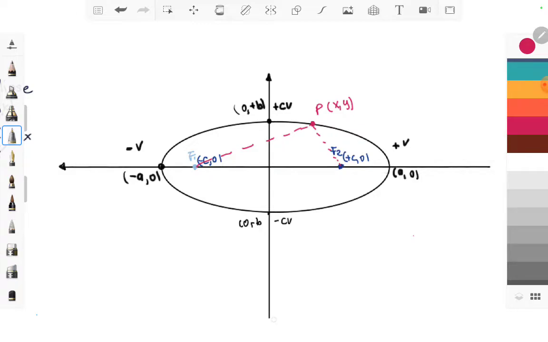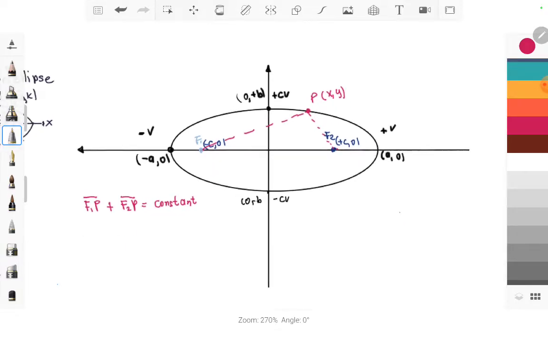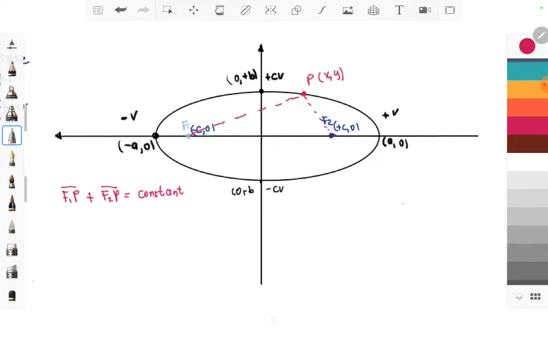So therefore I may say that f1p, meaning the distance from f1 to p, plus f2p, meaning the distance from f2 to p, is equal to a constant. Then based on my discussion a while ago, that constant is equal to 2a. What is our a?